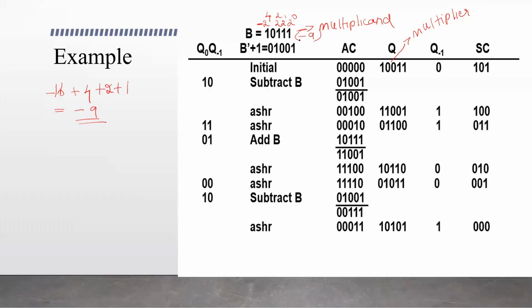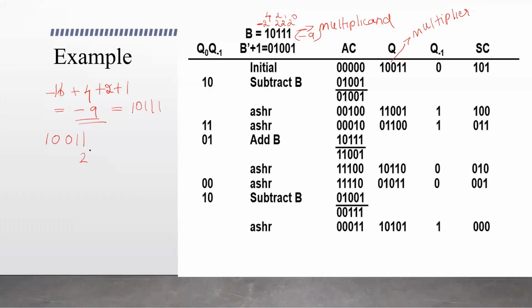In 2's complement representation, minus 9 is represented as 1 0 1 1 1. And 1 0 Q. Okay, let us take this multiplier which is stored in Q, 1 0 0 1 1. What is the decimal equivalent? 1 0 0 1 1.